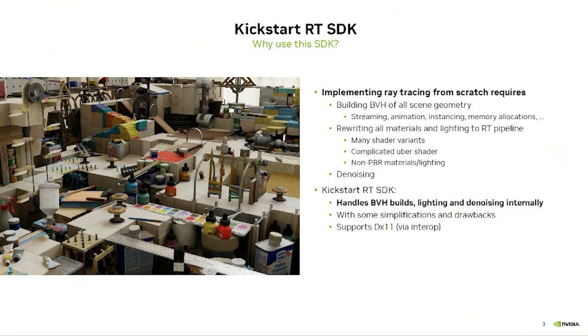Then the second step you will have to take is to rewrite all your materials and lighting into the ray tracing pipeline. Now, the most difficult thing here is that if your application doesn't have bindless support, then this becomes very difficult. Because if you think about tracing rays randomly in a scene, you start in some pixel, you hit something, and the neighboring pixel hits a completely different piece of geometry, and you need to load a different texture, different lights, basically in the same compute path.